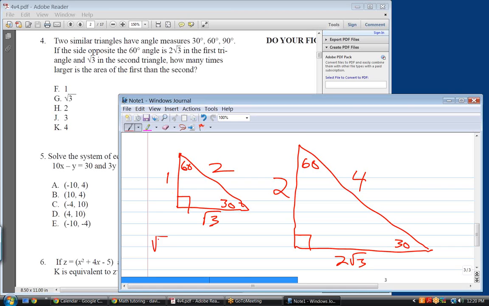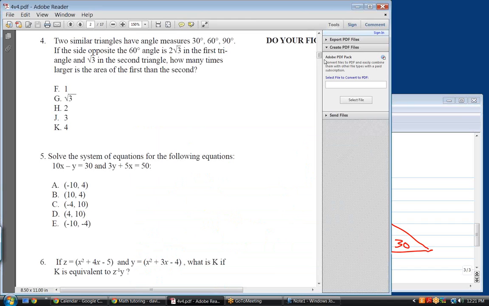Well, that gives this area square root of 3 over 2. This one is 1/2 base times height. That one becomes 2 root 3. Well, that is 4 times that, even though the similarity ratio for the linear was 2 times. Okay, cool. That makes sense.